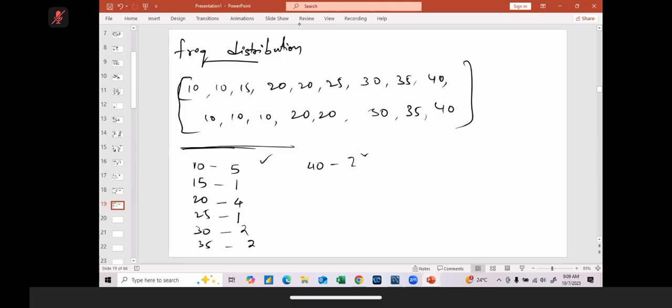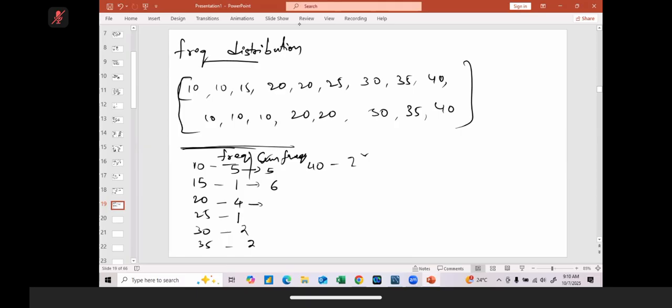Sum of all frequencies. See, this is normal frequency. There is one more, cumulative frequency. That is nothing but for 5, it is 5 only. For this 15, it will be 1 plus 5, 6. Current value plus previous value.